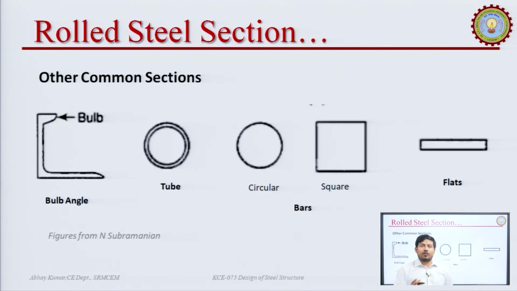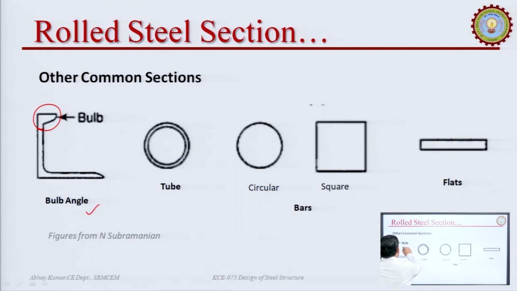Now, let us move forward to the other types of rolled steel sections available in the market. Let us look at other commonly available sections. This is a bulb angle section. It means it has a bulb shaped structure at the end of one of its legs.